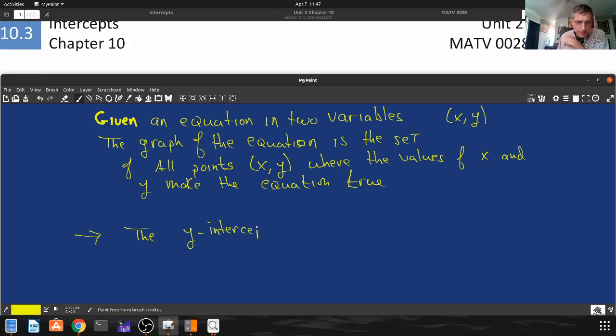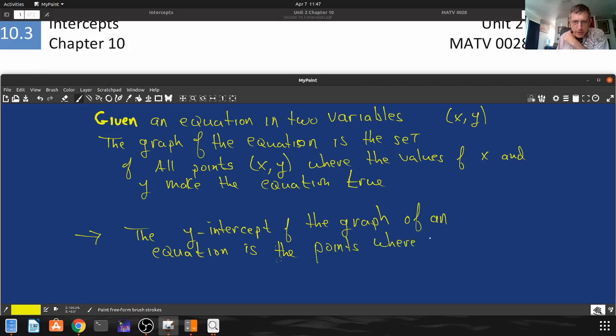The y-intercept of the graph of an equation, and again, when I'm talking about equations now, I'm talking about equations in two variables, is the points where the graph crosses the y-axis.